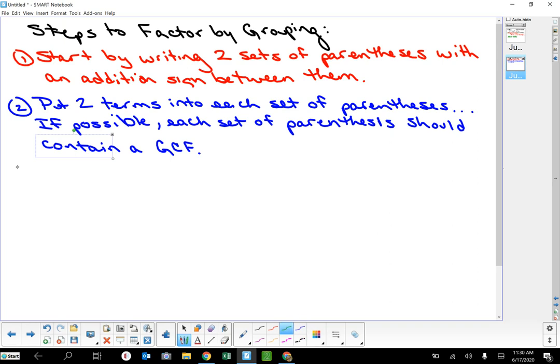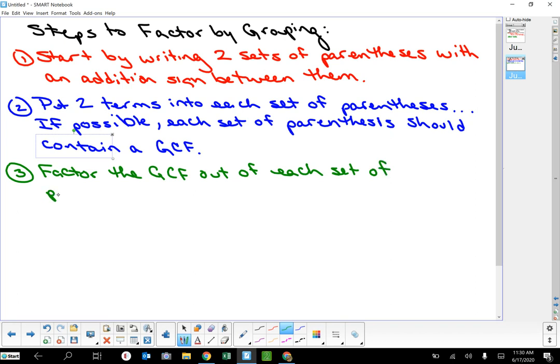Step 3 is going to be to factor the GCF out of each set of parentheses. And I just have a little comment here.